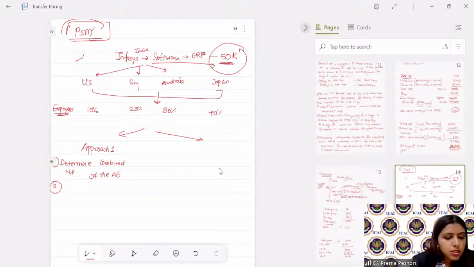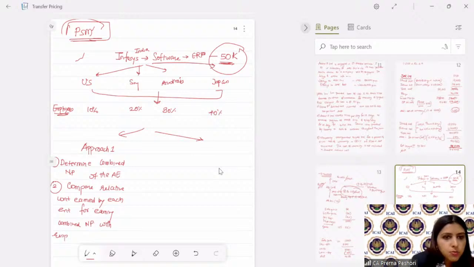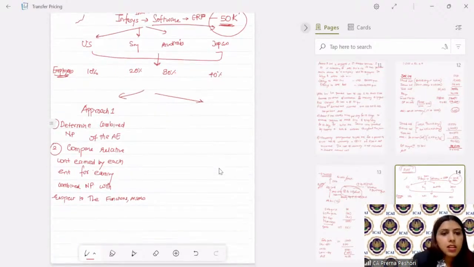Then what you will do is you will compare the relative contribution earned by each enterprise for earning the combined net profit with respect to the functions, assets, and risk of those enterprise.